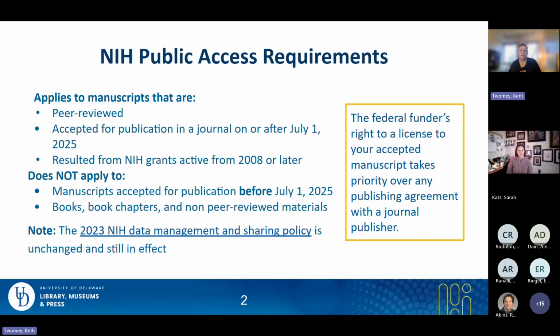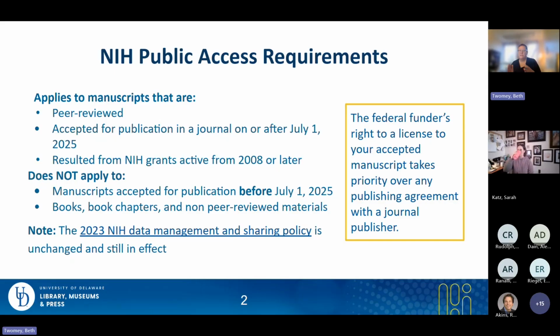What is complicating this and driving a lot of questions is that with the public access mandate, basically, you are granting a license to the federal funding agency to distribute your work, right?